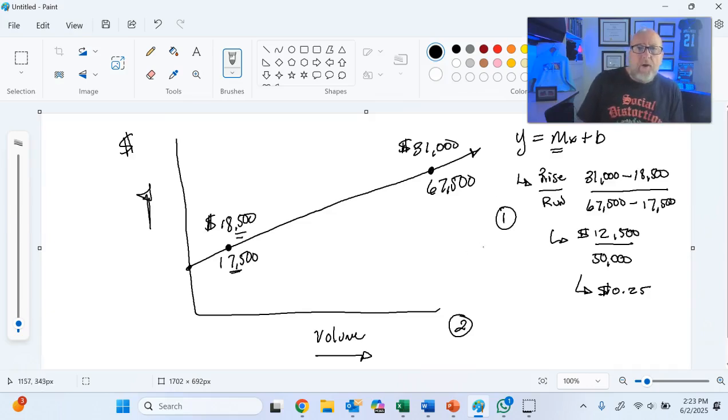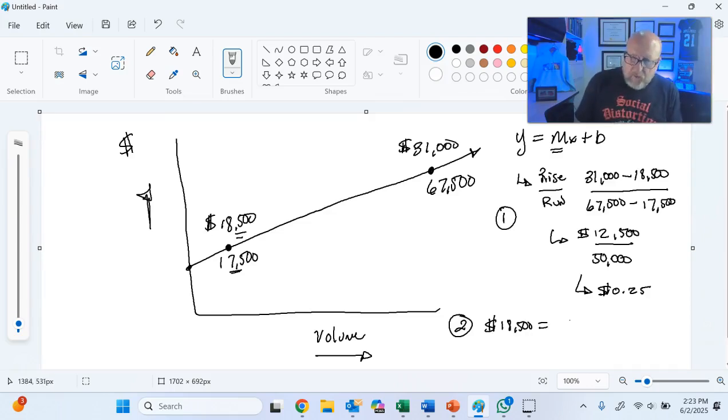And I also know the incremental or variable cost, which is 25 cents from step one. I can now take all of that information and figure out what my fixed costs are. So let's do that. All right. So y, that's going to be the 18,500 from my low data point.